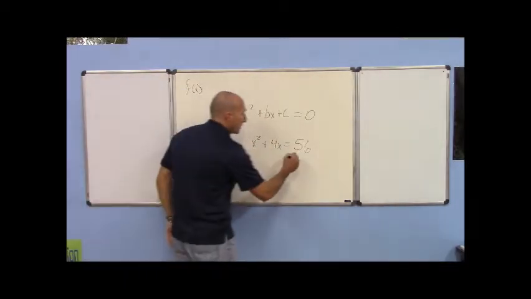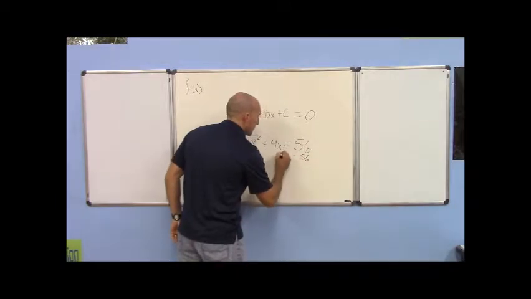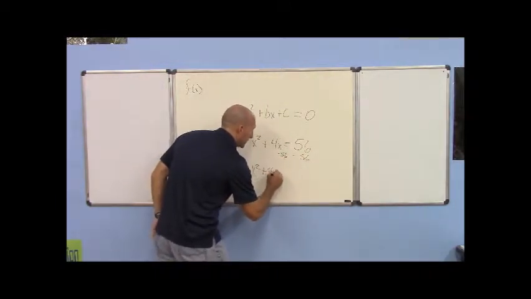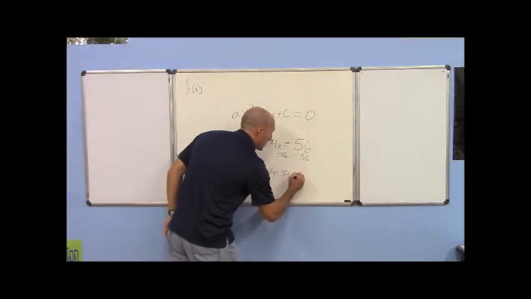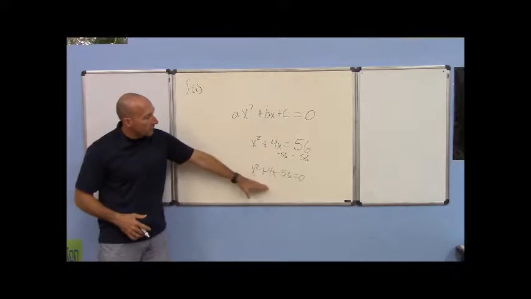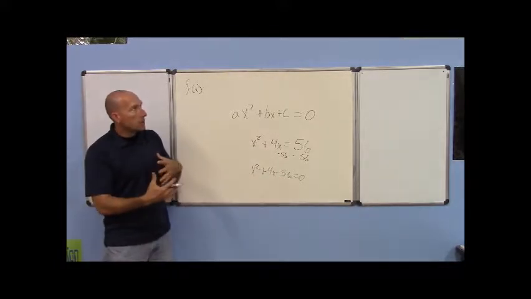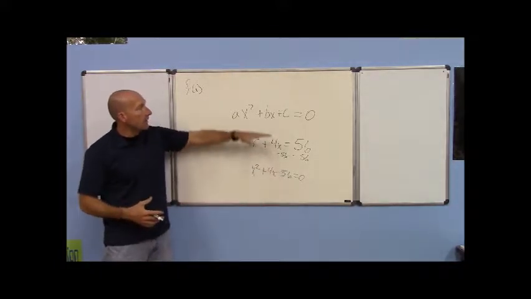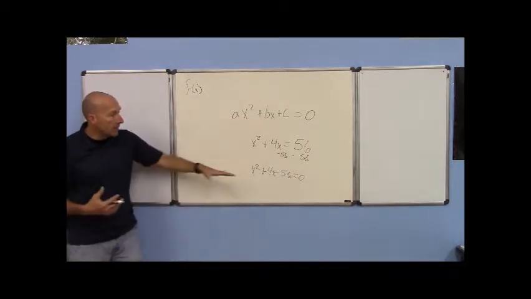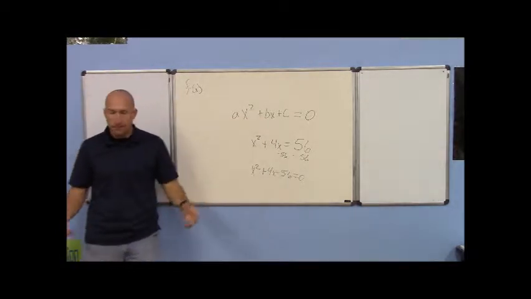We subtract 56 from both sides and end up with x squared plus 4x minus 56 equals 0. Now we've translated it into this form that we are familiar with, and from here we can factor it out.